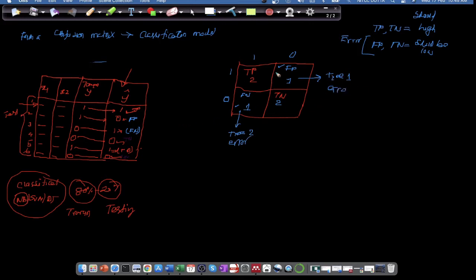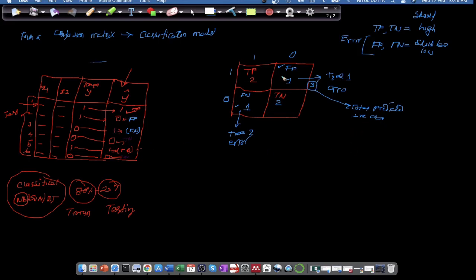Moreover, if we add this column, 2 plus 1 equals 3. This value gives the total predicted positive class, 1, 2, 3.